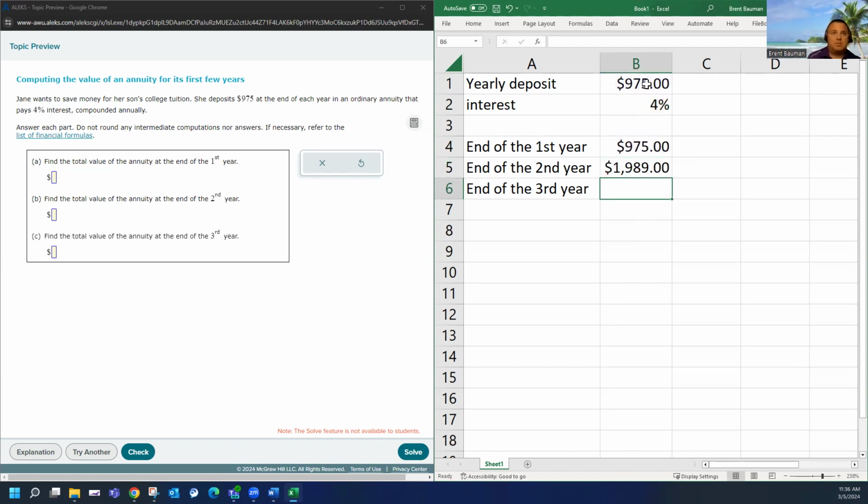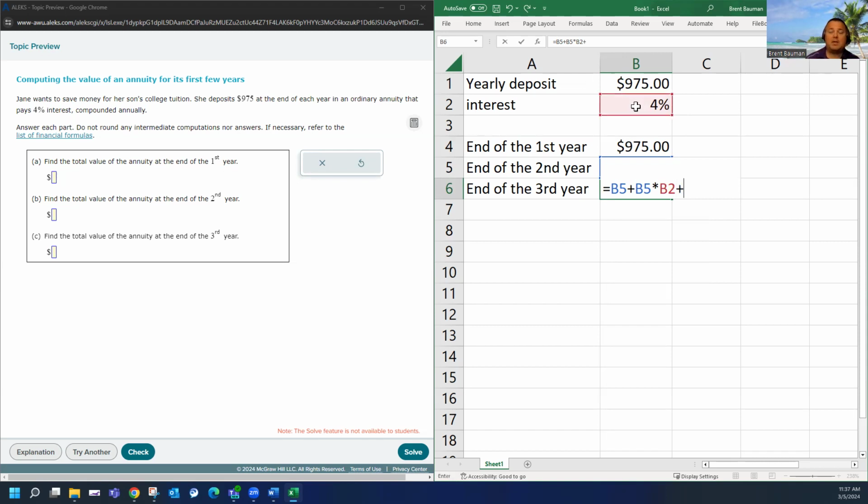Okay. So we have an end balance that's the balance at the end of the previous year, plus the balance times the interest rate, plus the new deposit. And we just continue this process. So in the third year, we have the previous year's balance, plus we get to earn the interest rate off of that balance, so the interest.